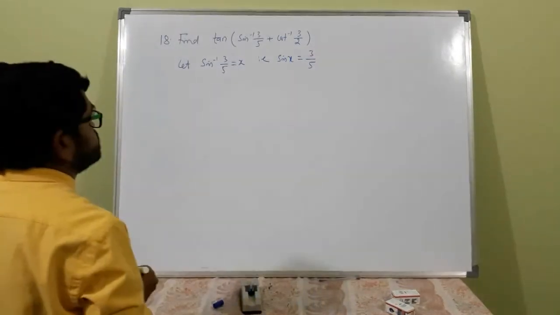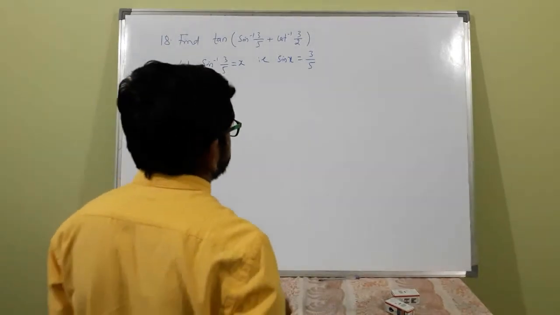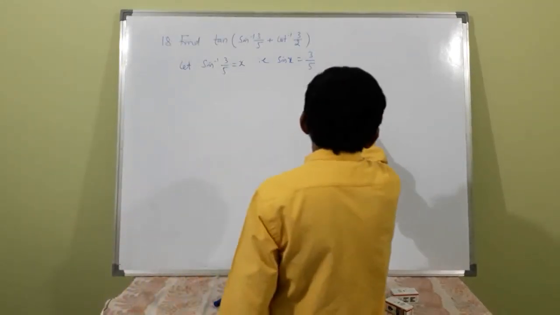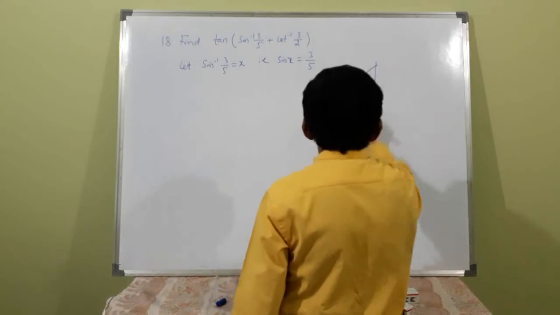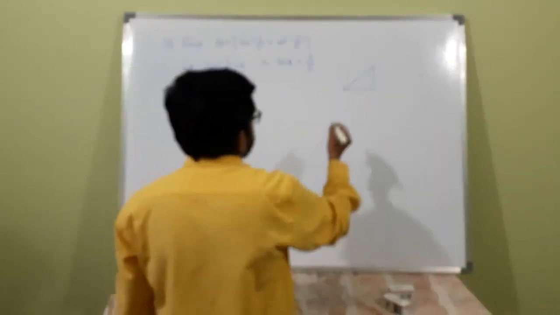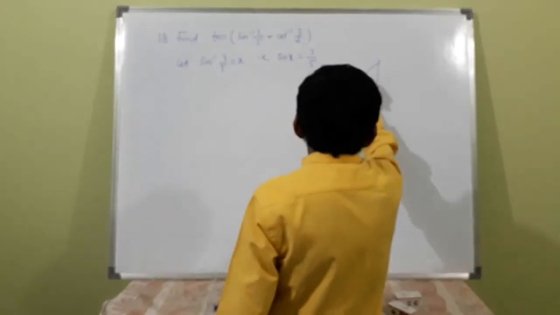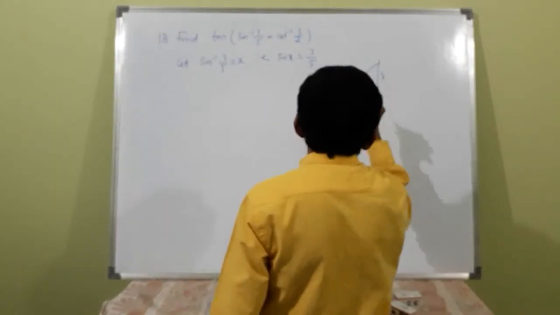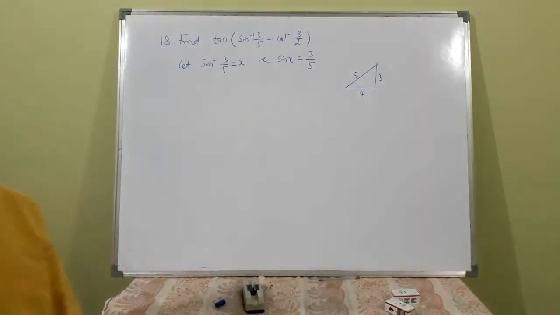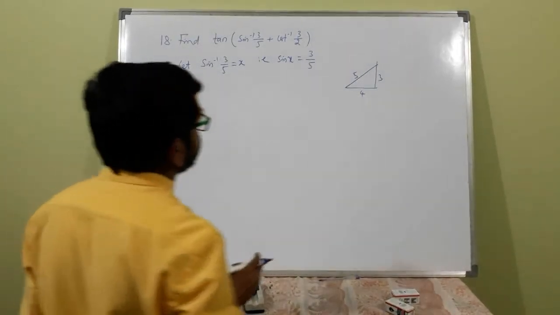If sin x is 3 by 5, in this right angle triangle, suppose this is 5, this is 3, this should be 4. Pythagorean triplet, isn't it?